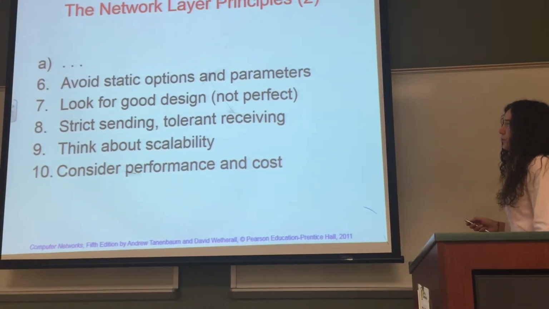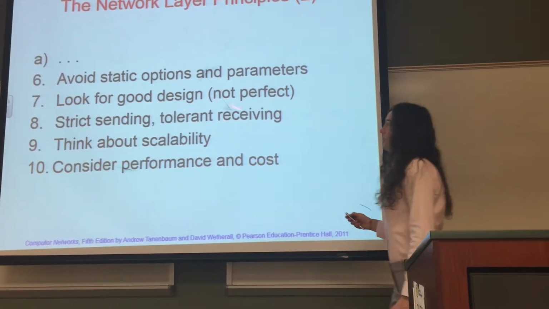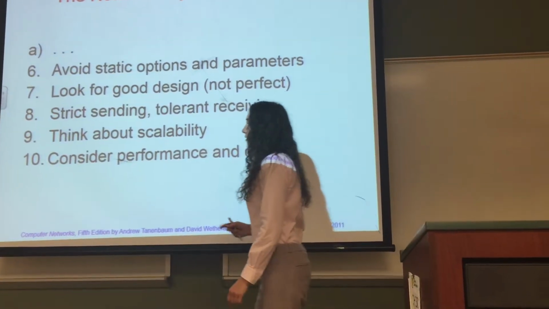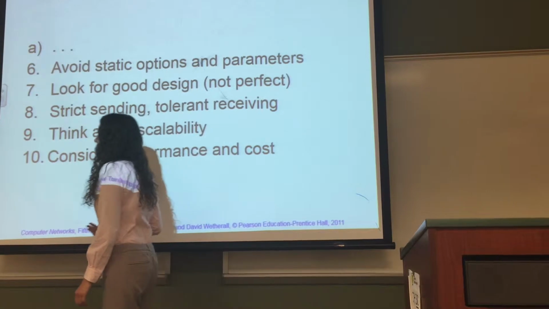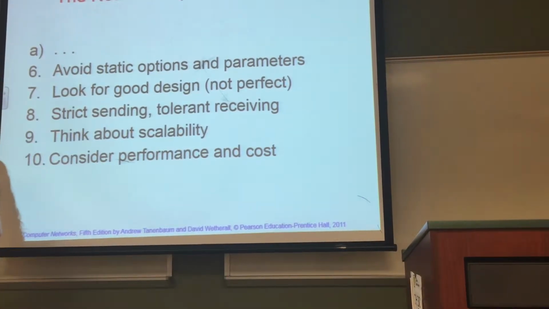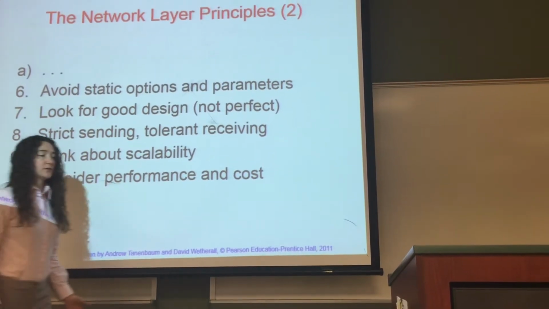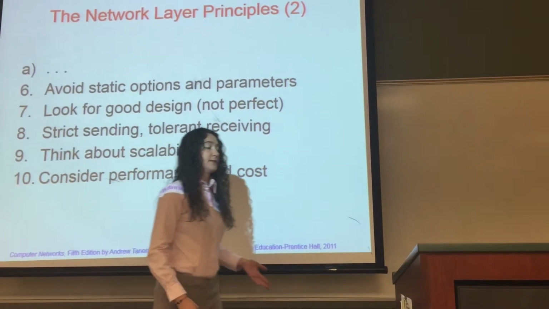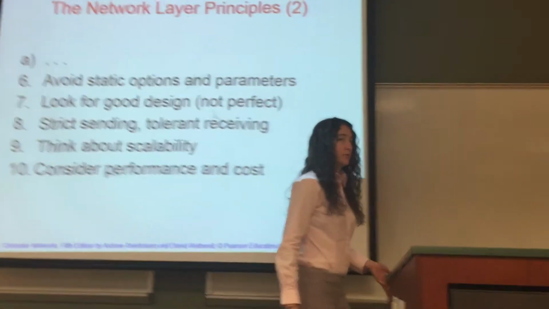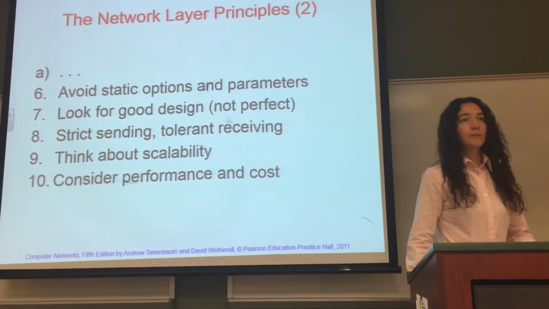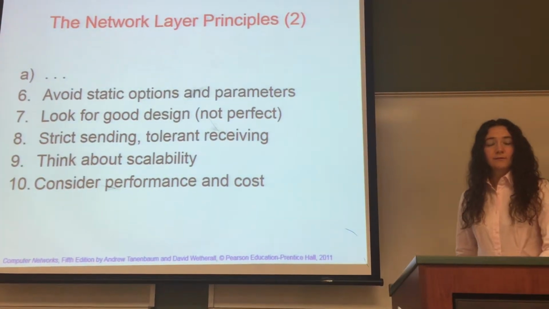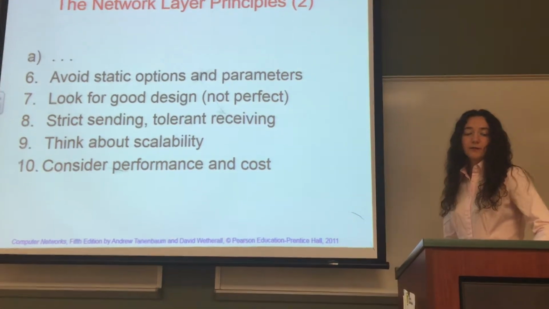Good design, not perfect. This means if we have a pretty good design that functions for the most part, 99% of the time, we're not going to change or break that design because of this 1% case that is having issues with it. So we will allow them to deal with their issues.